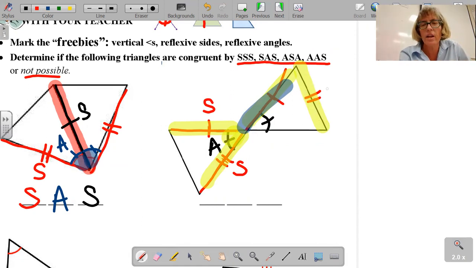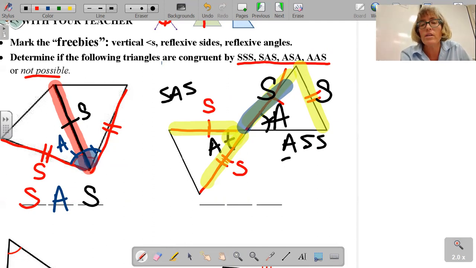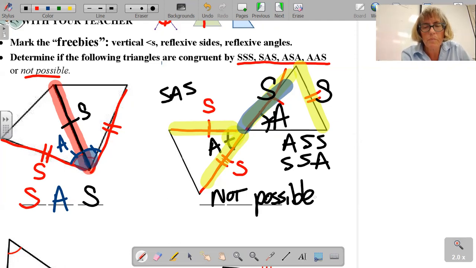On the right, it reads side, side, angle. The triangles are not matching. Therefore, it is not possible. The hatch marks do not align.